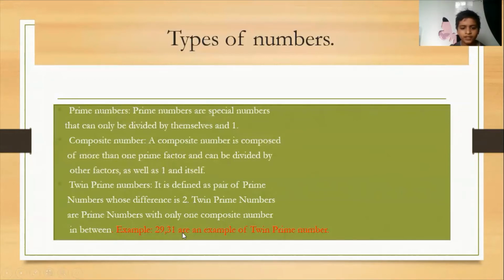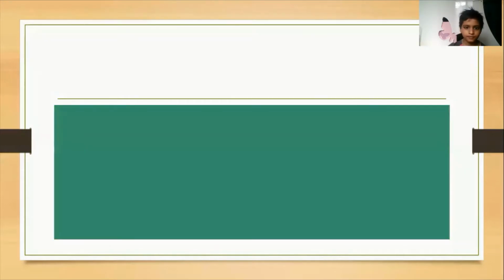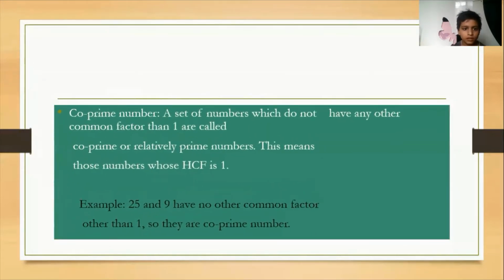Example, 29 and 31 are twin primes. Co-prime numbers: a set of numbers which do not have any common factor other than 1 are called co-prime or relatively prime numbers.